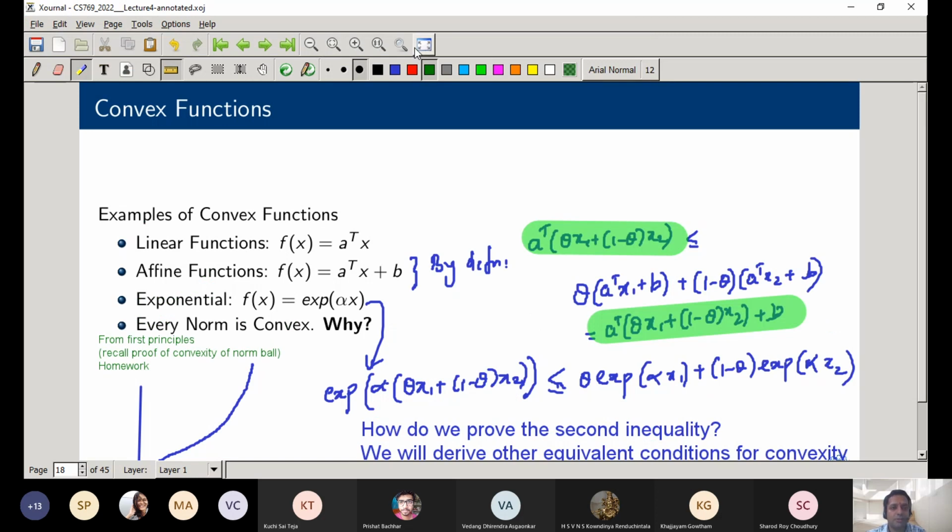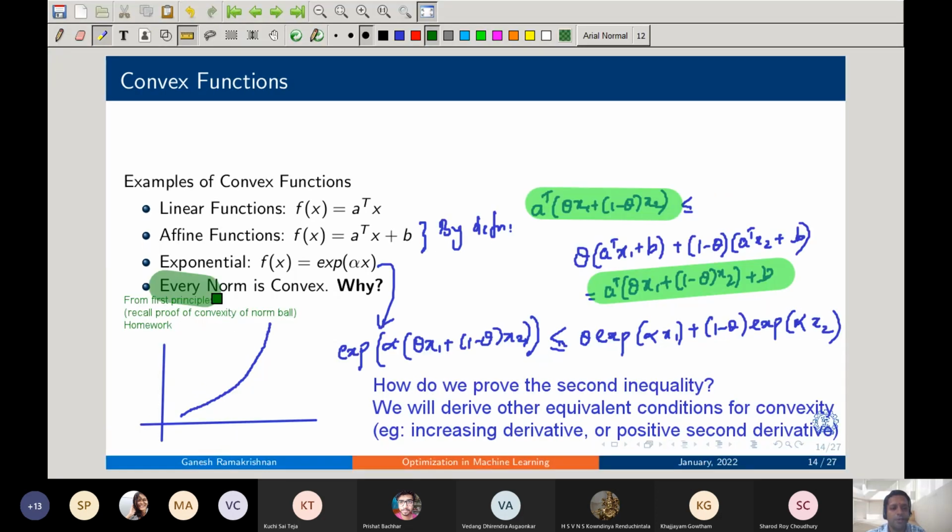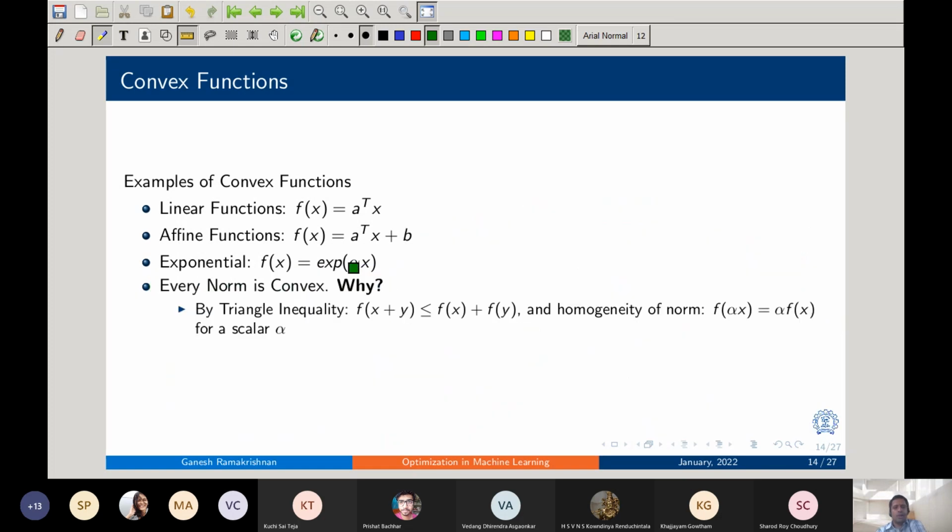Please do ask if you have. Okay, so I'll leave it as a homework problem. Every norm is convex; you can prove it by the triangle inequality and homogeneity of the norm, as I've hinted here. You can basically use the same idea. As I said, this is going to be a homework problem.